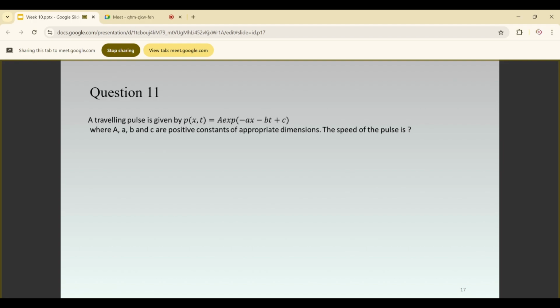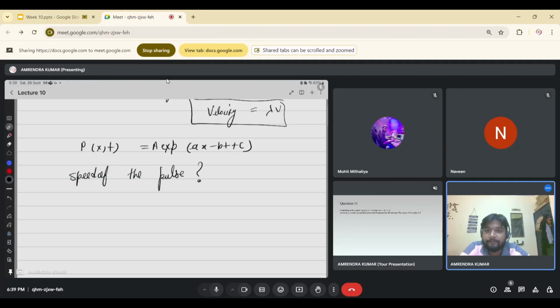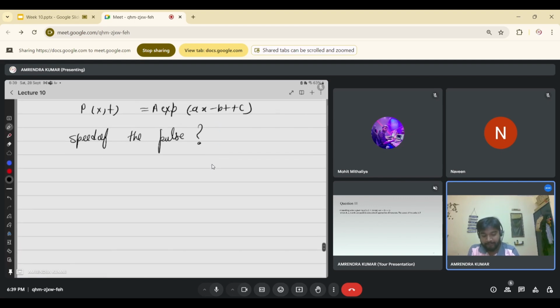They are asking what the speed of the pulse is. How are we going to calculate that? It is very simple and straightforward.